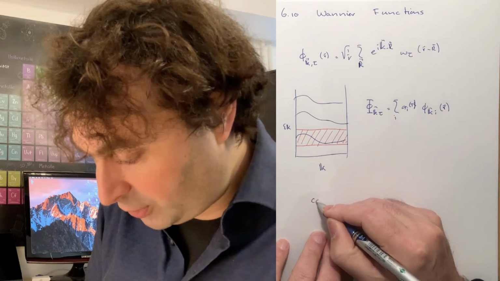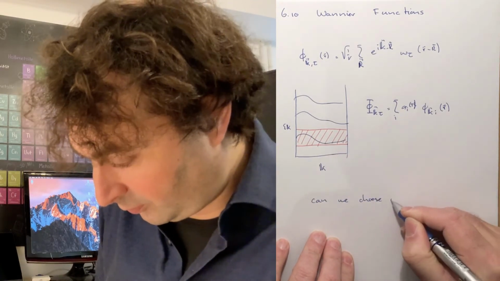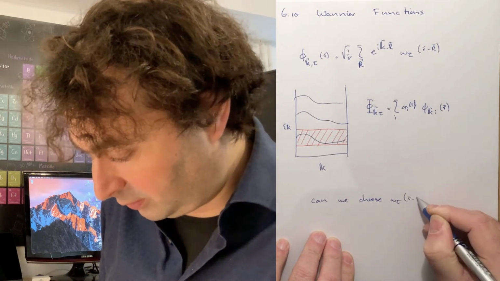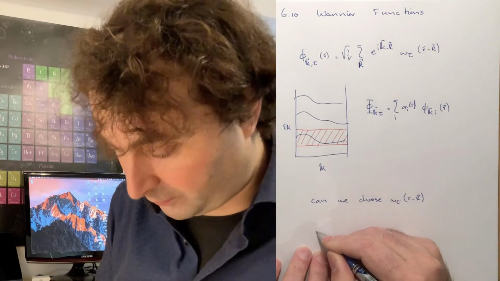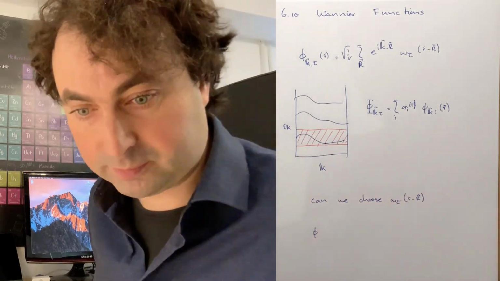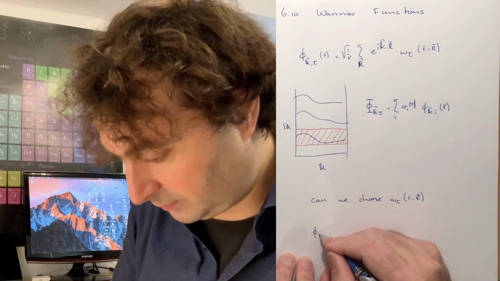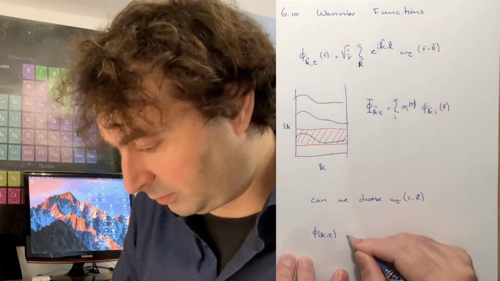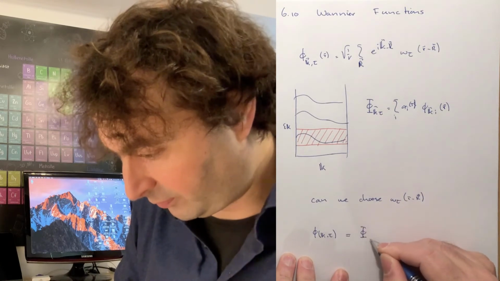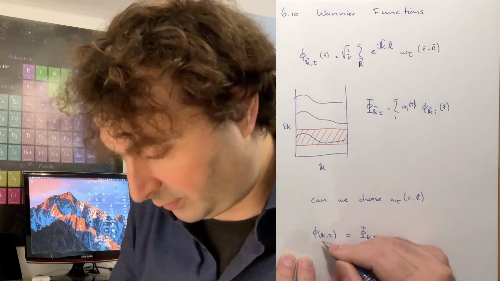So can we choose omega tau of r minus R such that the Bloch waves that we form in this form are equivalent to the eigenstates that we have?